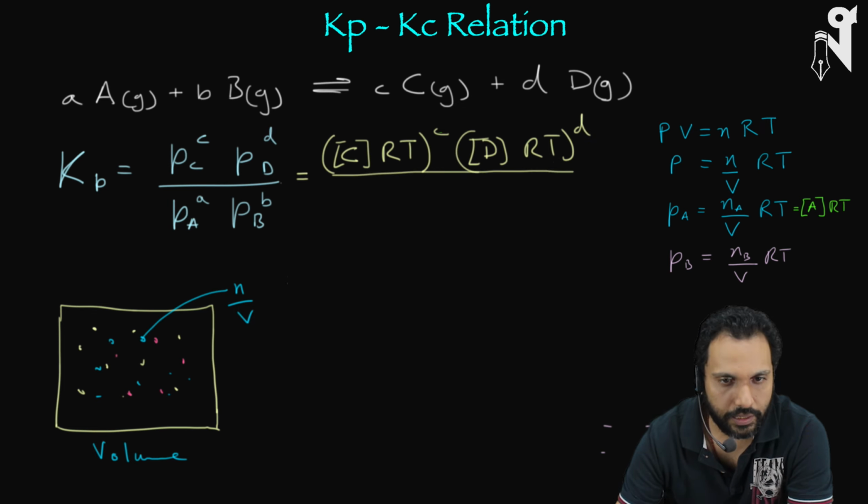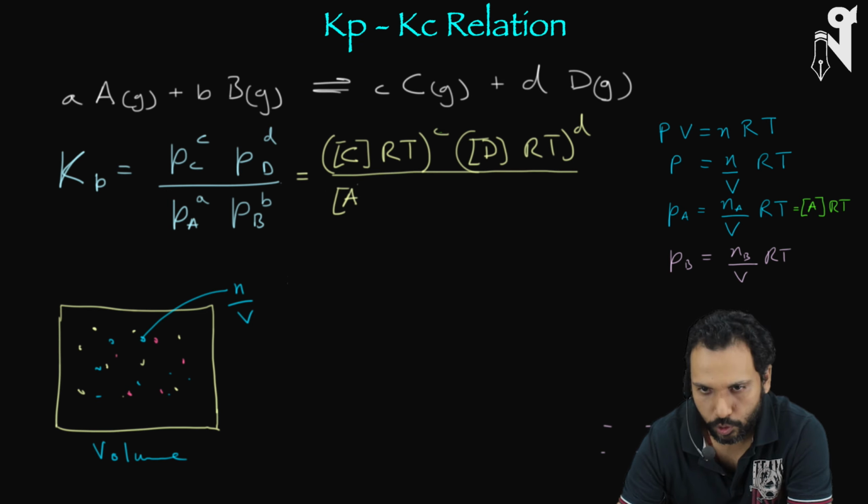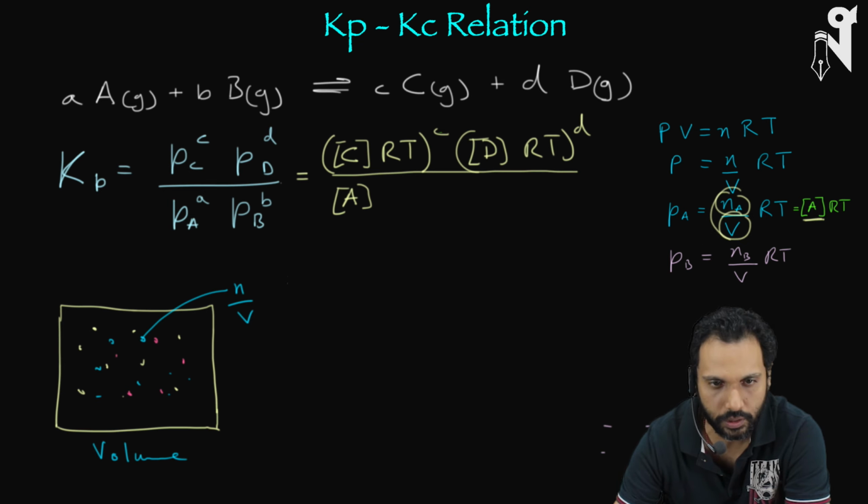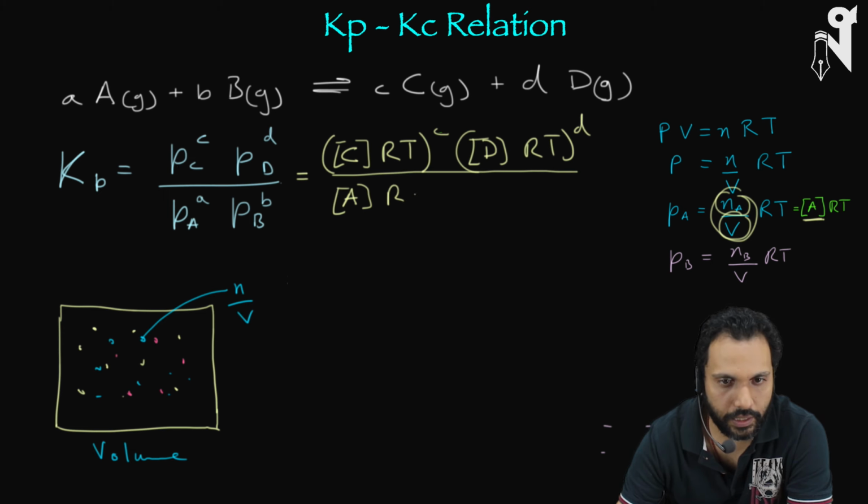Partial pressure of A is concentration of A. Mind you, concentration of A I have shown you over here. That is nothing but the number of moles of A divided by volume. In that same sense, we are writing about C and D also. So concentration of A times RT whole power of a, concentration of B times RT whole power of b.